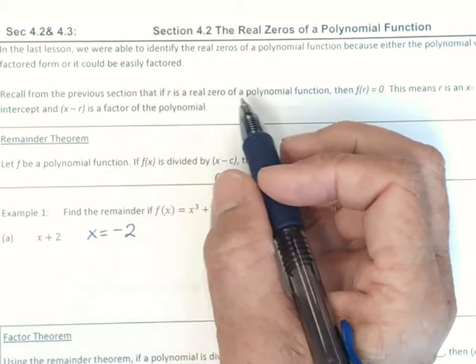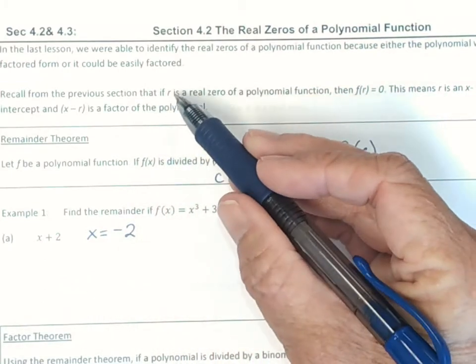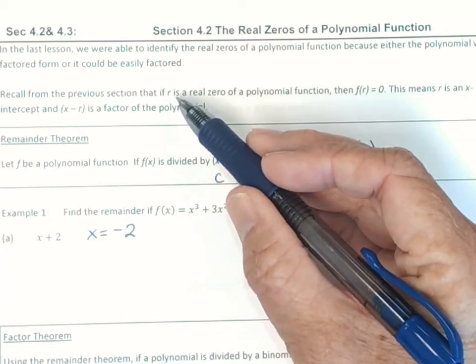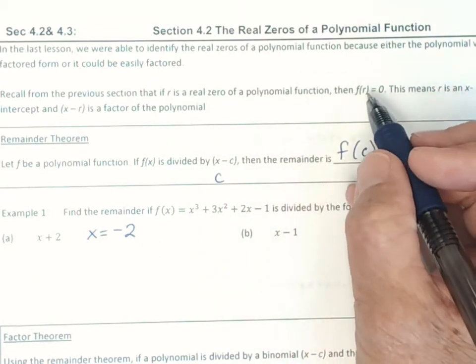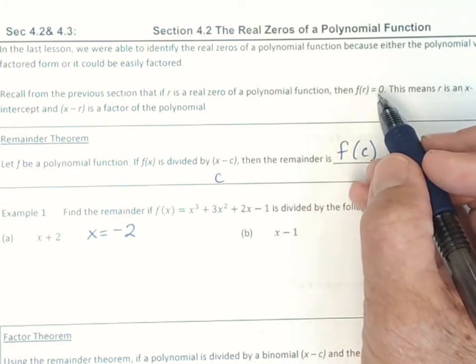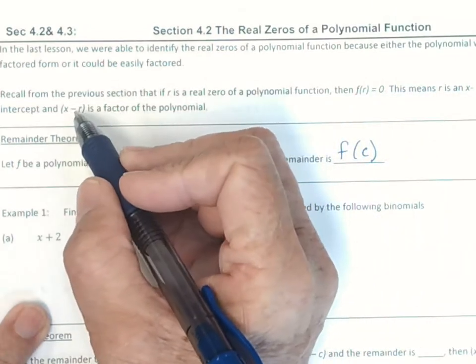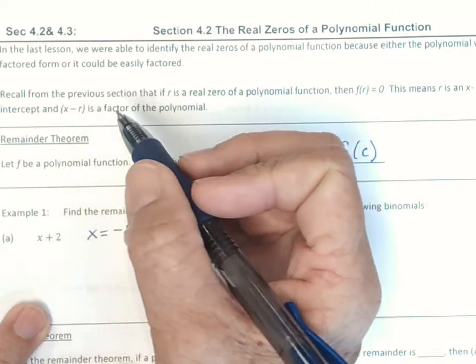So if something were a factor, remember when you plug that value in, so let's say you wanted to see if r was a factor, when you plugged r into the function, you got f of r equals 0. And that told you that r was an x-intercept and that x minus r is a factor.